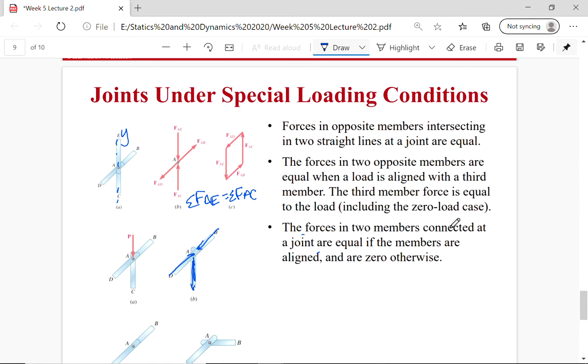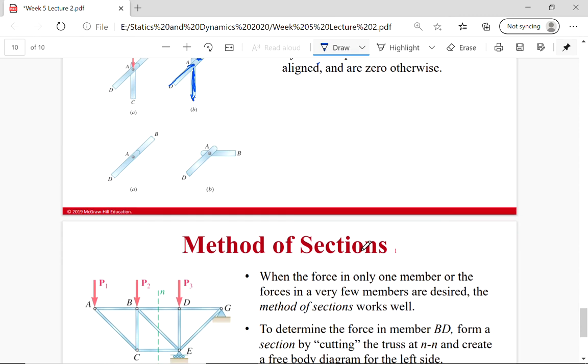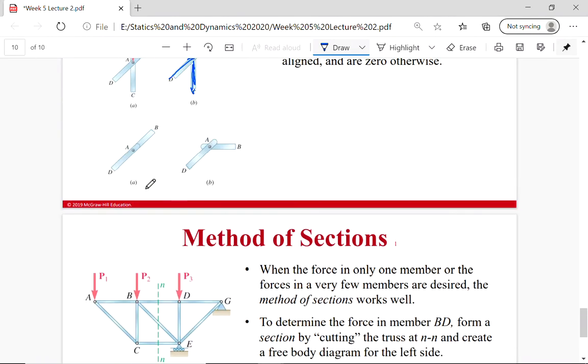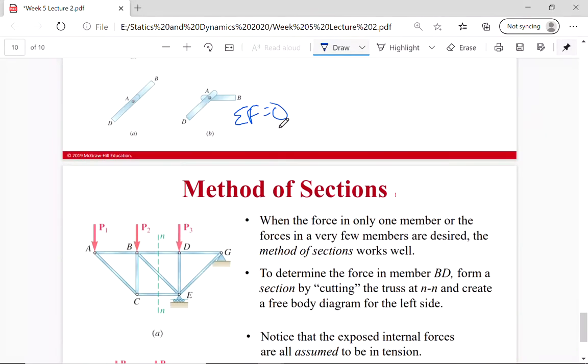The forces in two members that are connected at a joint, if I just have two members at a joint, AD and AB, are equal if they're aligned, and their sum will equal 0 otherwise. So that's using my method of joints under special loading conditions.